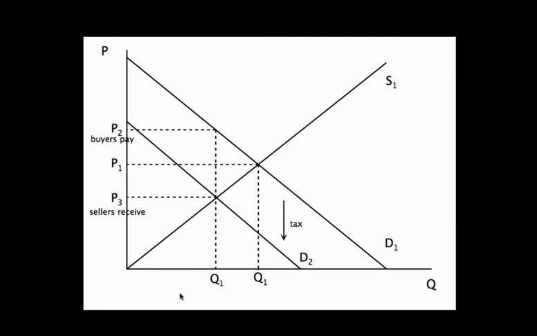At some quantity over here, in order to be willing to buy that quantity, the price had to be here or lower, and so it has to be lower by the amount of the tax for buyers to still want to buy that quantity. That's why we're shifting the demand curve down. Their willingness to pay is now lower by the amount of the tax.